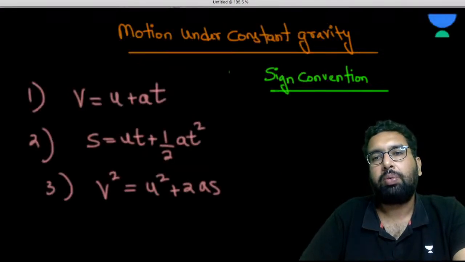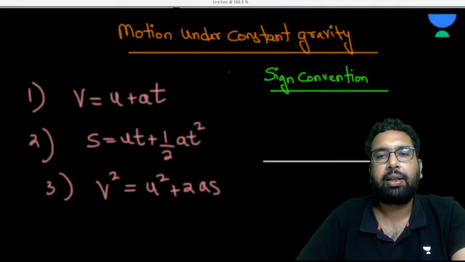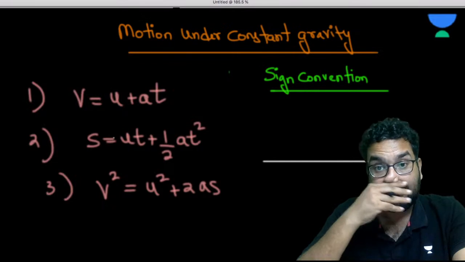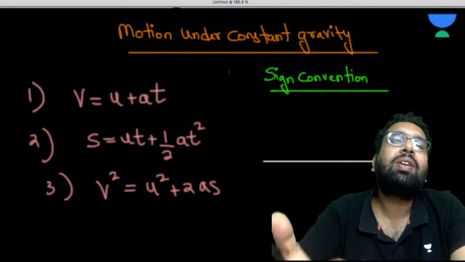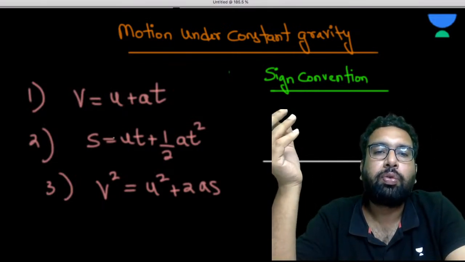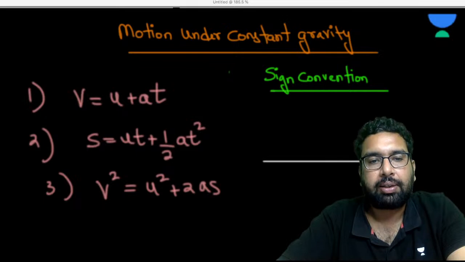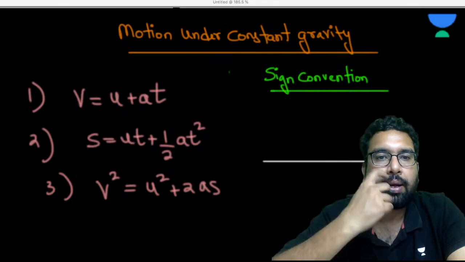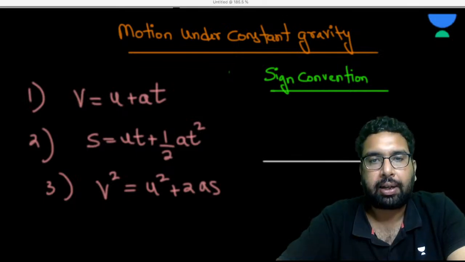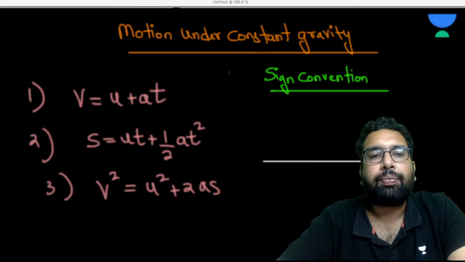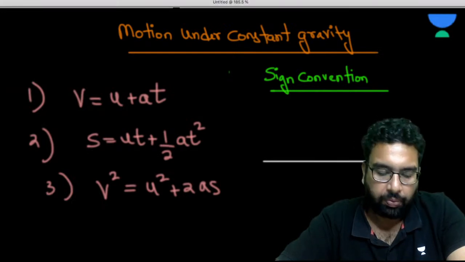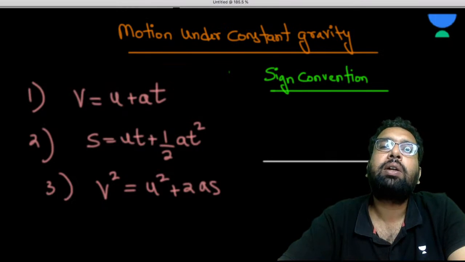Let's suppose we have taken a reference like this. Please understand this: we require the sign for the vectors. So you can follow this sign convention for each of the vectors in this equation.